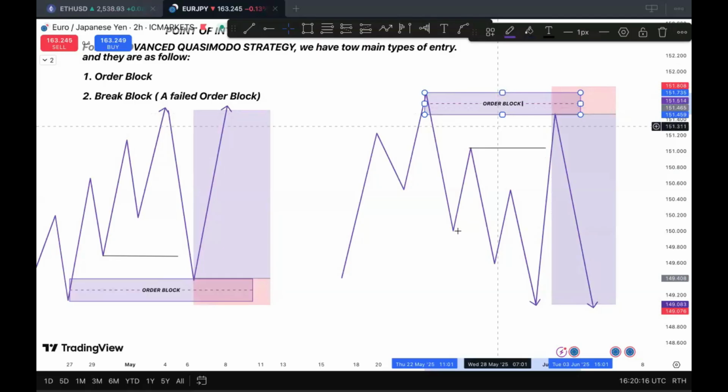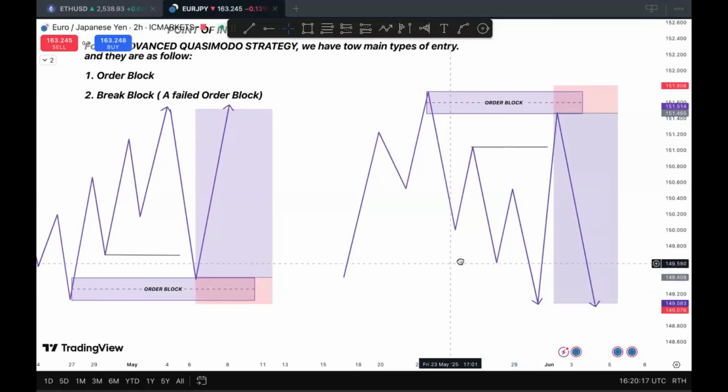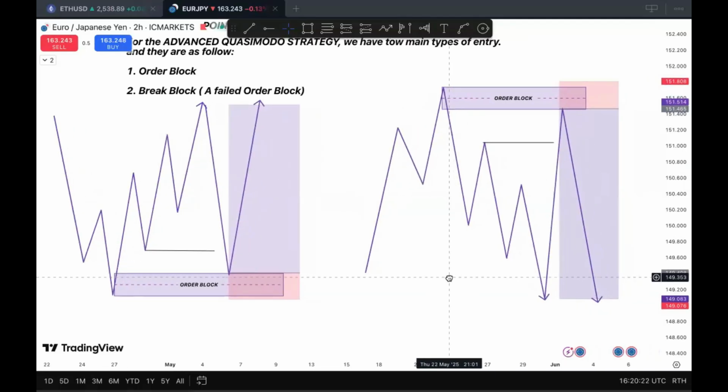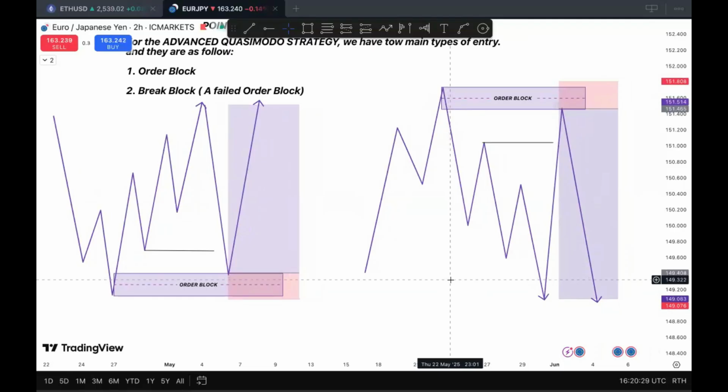Order block entry. So we have the buy and the sell entry, order block entry. Now, the question you want to ask is, how do I differentiate? How do I know that, okay, in such a structure, I'm going to choose the order block?